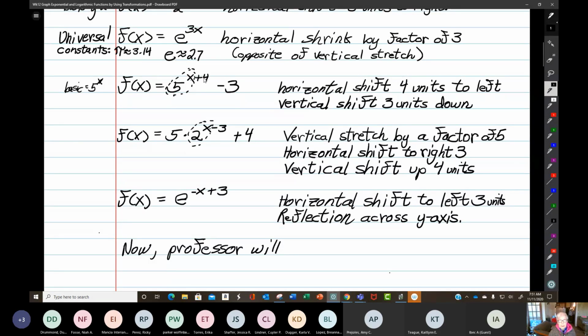And the very safest thing for you to do is to say x plus 4 equals 0 and solve that so that you can actually see x equals negative 4. Negative means left when we're talking about horizontal. So set this equal to 0, and you will see that you're going to take the basic function y equals 5 to the x, I'm sorry, I should have said 5 to the x.